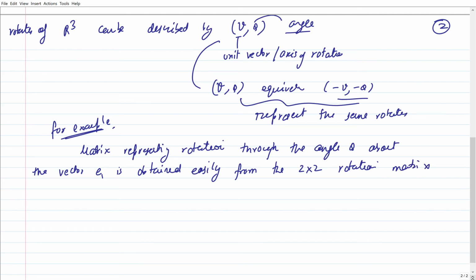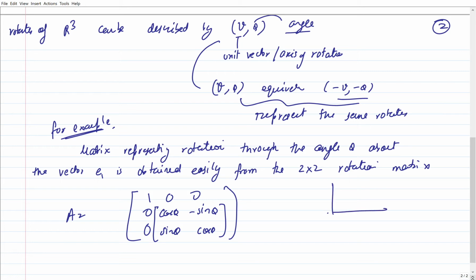Just stare at this matrix a bit. Let's say I'm focusing on rotations about the x-axis. So here is my 2 by 2 rotation.